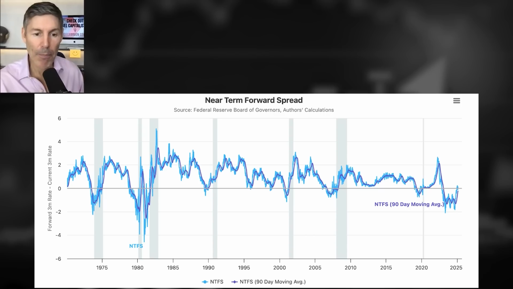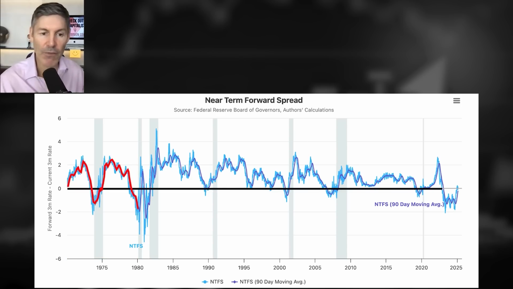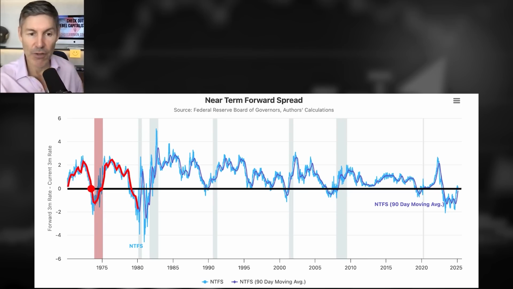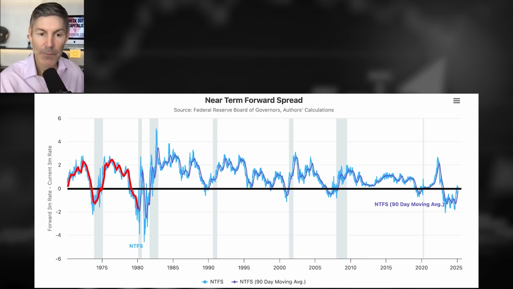So if we go back to the 1970s, we can see that it actually gives us a little bit better timing than the other curves. So it inverted just prior to going into the recession of the early 1970s. It inverted a little bit prior to the 1980s, but let's fast forward to more modern times.